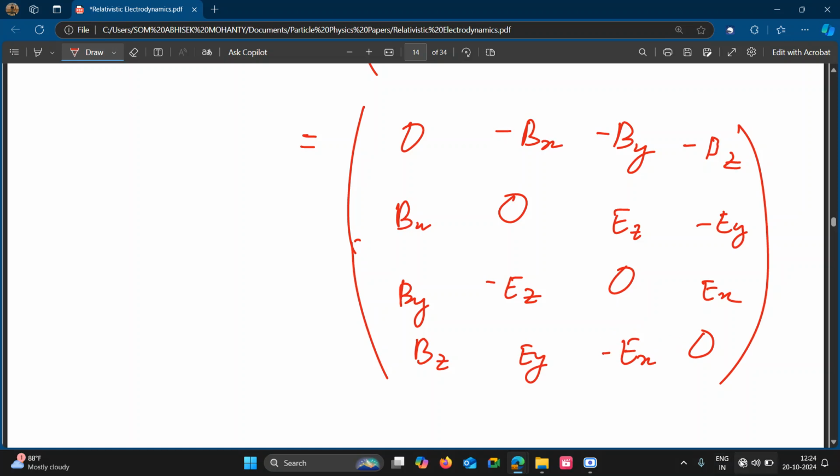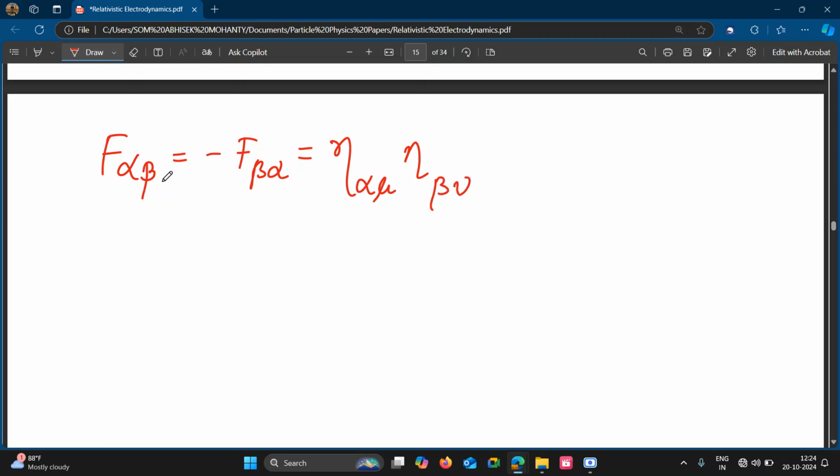These covariant tensors can be obtained respectively from F alpha beta and F bar alpha beta. Suppose F alpha beta equals minus F beta alpha, which I can write as eta alpha mu, eta beta nu, F mu nu. Mu and nu are not on the left side, alpha and beta are, so we have to cancel mu nu.